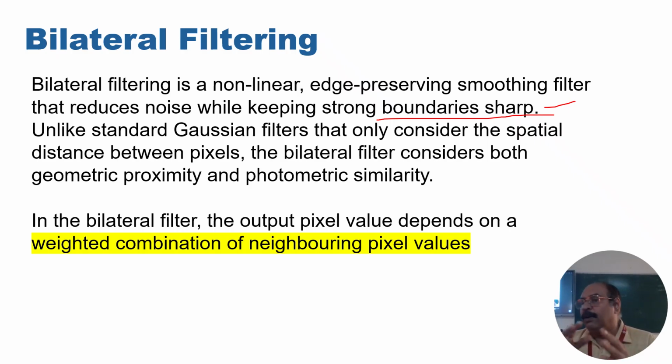This is a briefing about what bilateral filtering is going to do. How it is going to do it: the output pixel value depends upon a weighted combination of neighboring pixel values. So how are we going to bilaterally filter this image? We are going to take the weighted combination of neighboring pixel values.